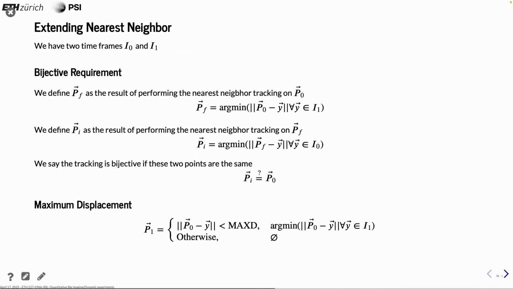Then when looking into the nearest neighbor, you can look at a lot of other alternatives. We can look at the bijective requirement, where you compare in principle a chain of particles with each other and see if they belong to the same track. You can also look at the maximum displacement and see which one is the right one.